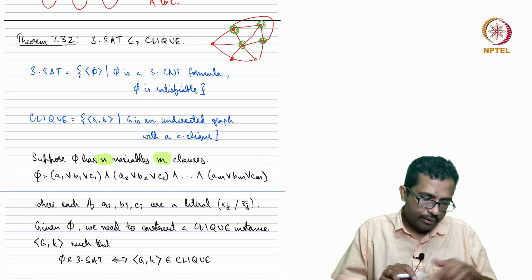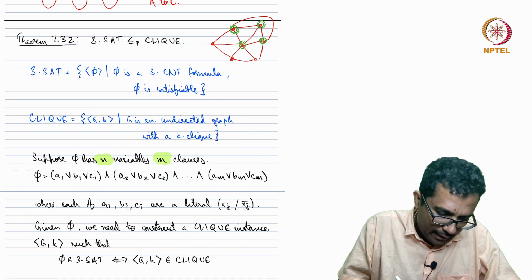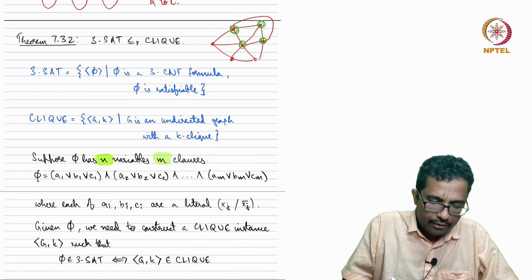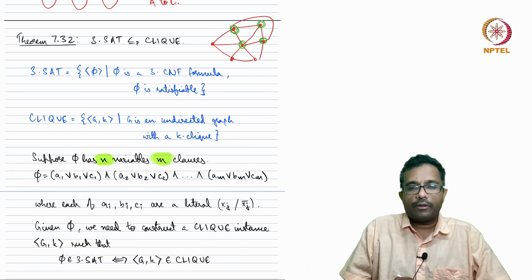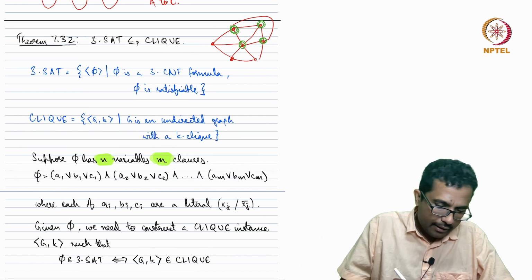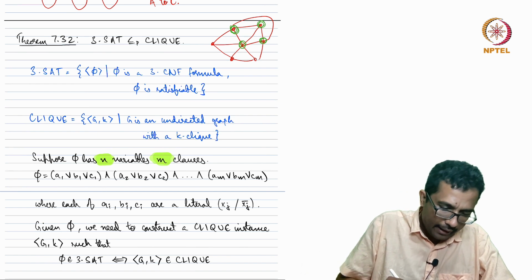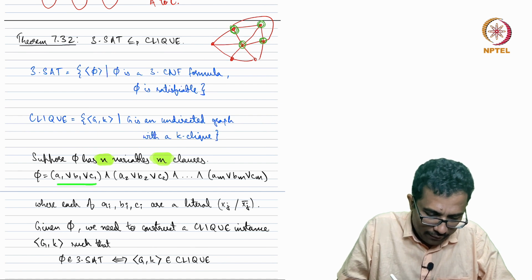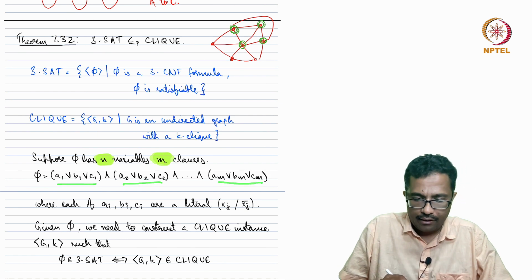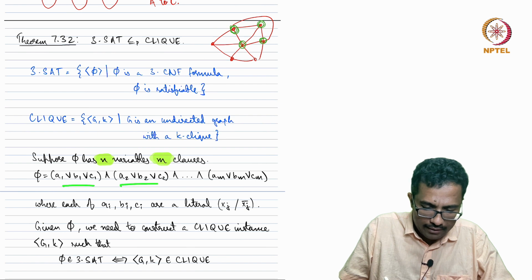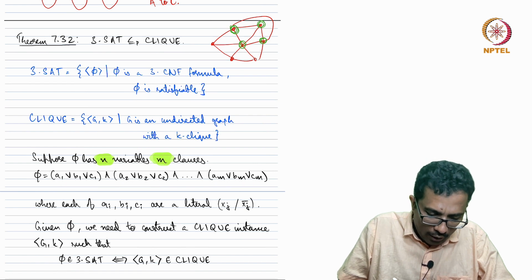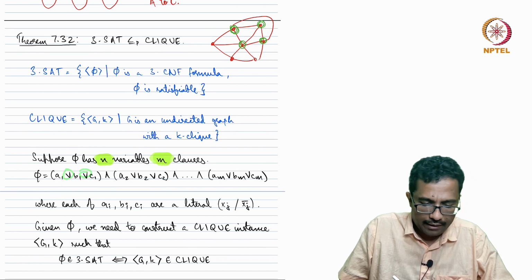So suppose we say that n is the number of variables of the given formula and m is the number of clauses. Remember, the Boolean formula is in 3CNF form, where we have an AND of clauses, where each clause is an OR of literals, right?